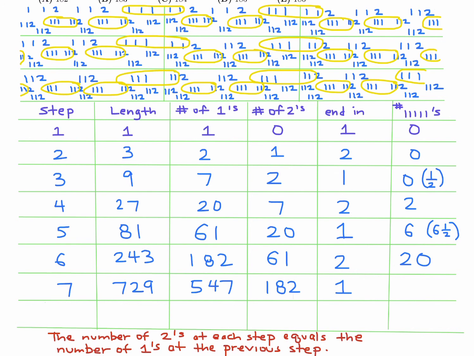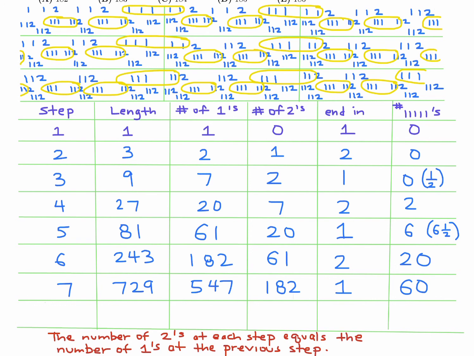Well, it's 3 times the number of digits, right? This is 243, this is 729. So you would think it's 3 times 20. Okay, but here's the thing. The answer is 60.